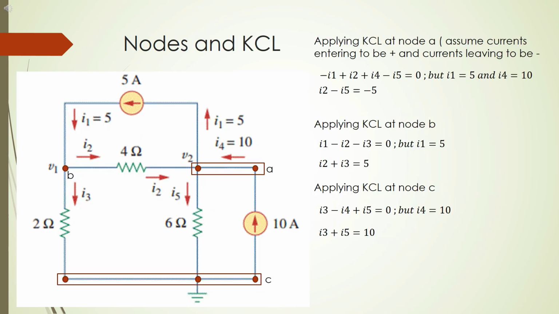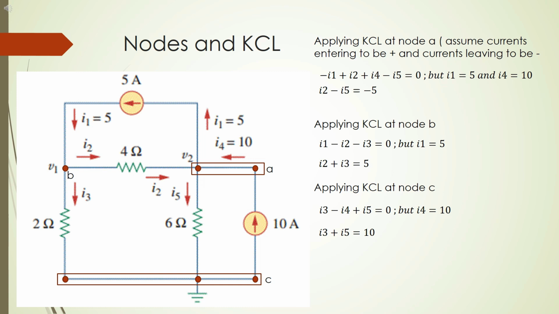In the given circuit we have defined nodes A, B and C. Also we have defined current I1, which is equal to 5 amperes, I2, I3, I4, which is equal to 10 amperes, and I5. From the given circuit we will be doing KCL, which is defined as the algebraic sum of currents leaving and entering a node to be equal to 0.